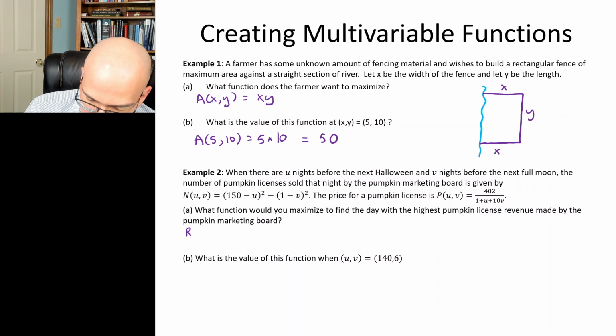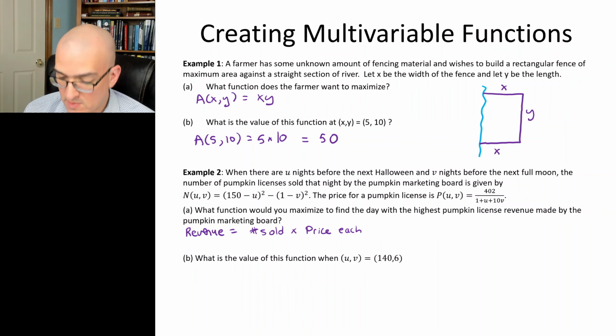So revenue is equal to the number sold multiplied by the price, the price for each one. So how many does it sell? It's going to sell N of u comma v. And that's multiplied by the price, P of u comma v.